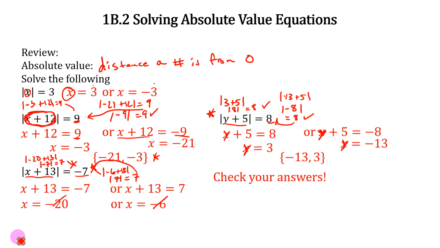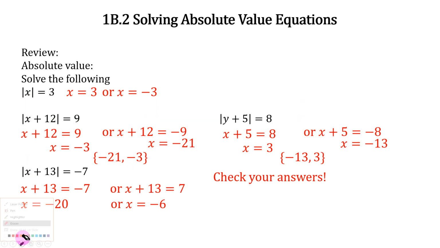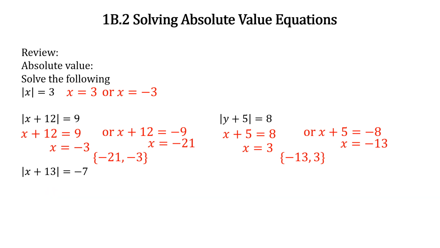And what it boils down to, I'm going to erase some of my writing here. The reason I bring this up is just that from the get-go, you could have stopped. The absolute value of a number would never be negative.